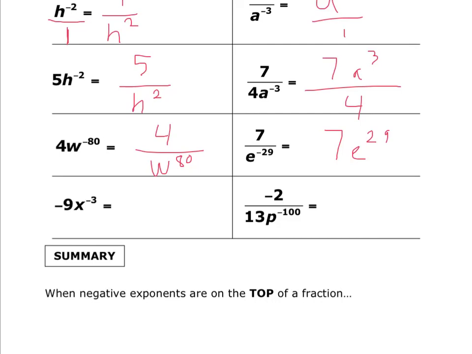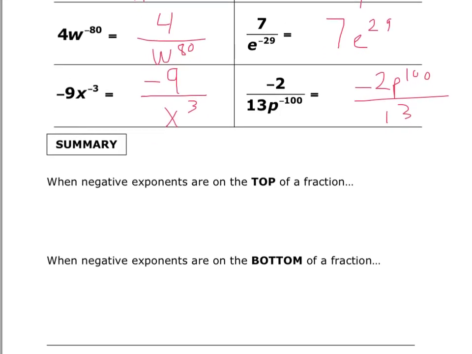And 2 more. Leave negative 9 up top, and your exponent goes downstairs. And the last one, leaving everything where it is except for your negative exponent. So you have negative 2 p to the 100 over 13.